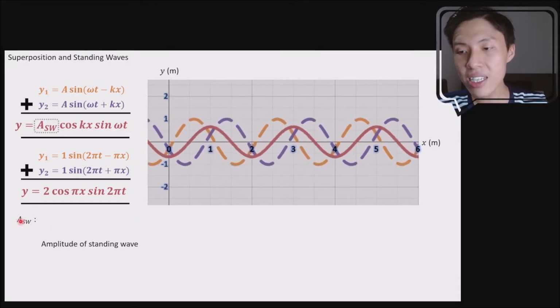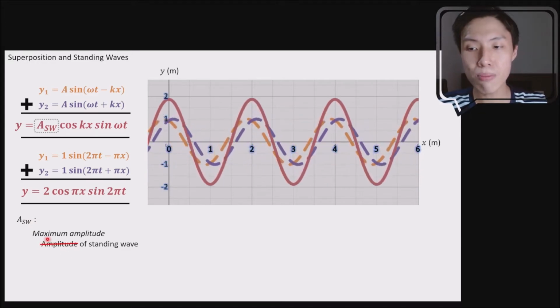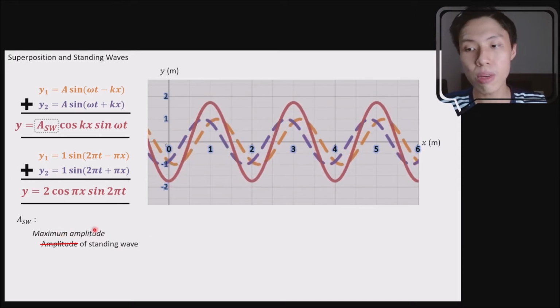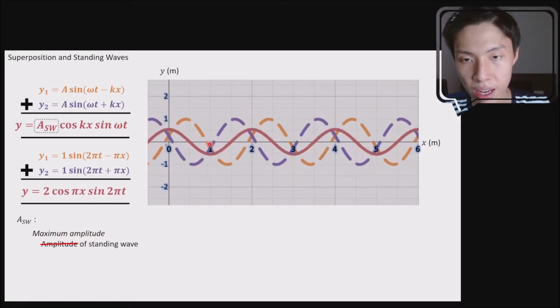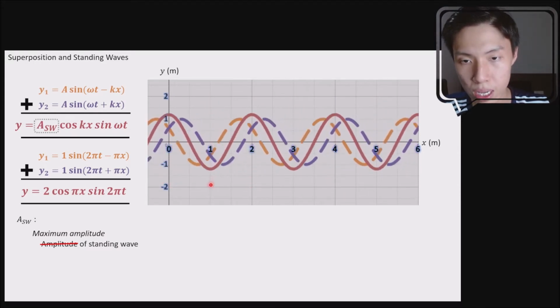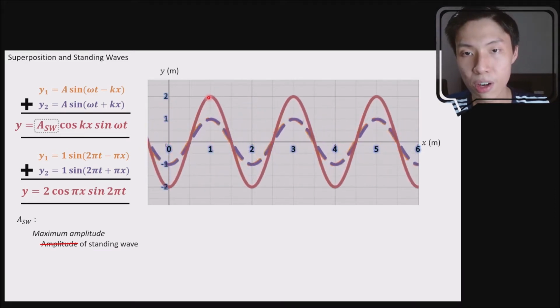A subscript standing wave over here is actually representing the maximum amplitude of standing wave. Why do we say it's maximum amplitude? Because if you look at different location, let's say you track x equals to 1, you can see that the amplitude is at 2. That's a very big amplitude.